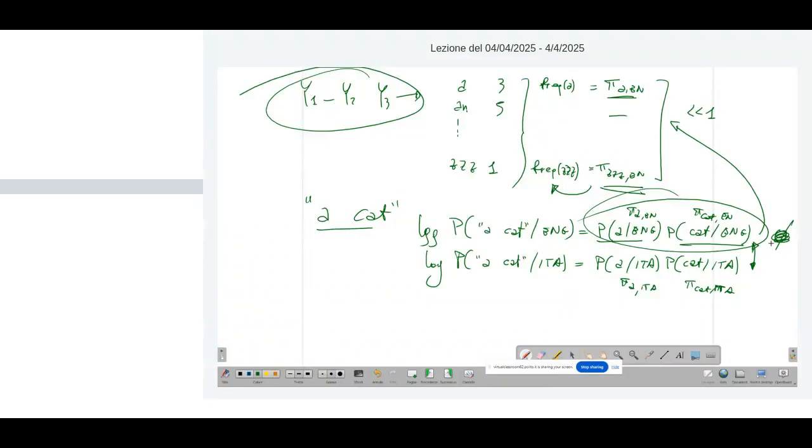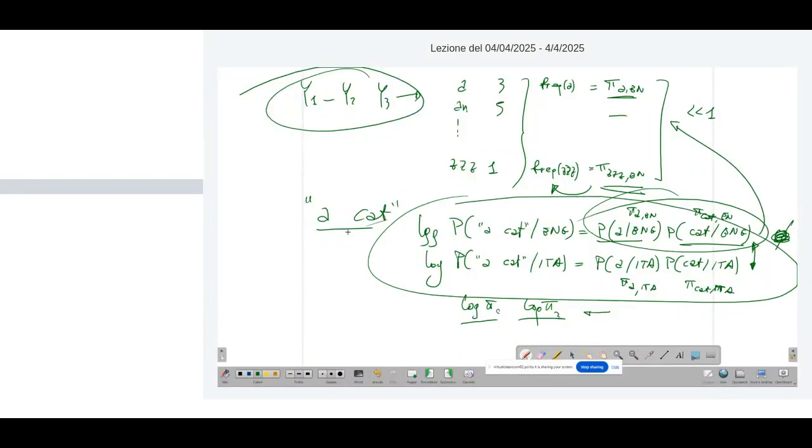If I were to compute the probabilities directly, I would saturate and underflow on my machine, I would get 0. If I work with the log, I will have log of pi_1, log of pi_2, and so on. All these terms will not saturate towards 0. So also in this case, we will rather work with the logarithm of the probability. But that's a possible way to build the model.